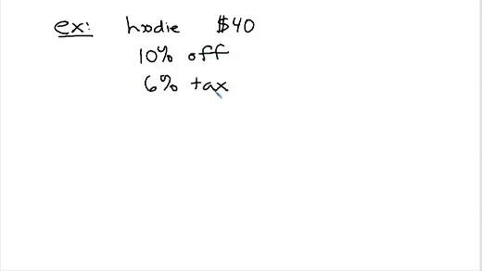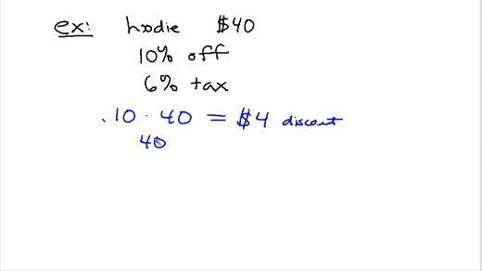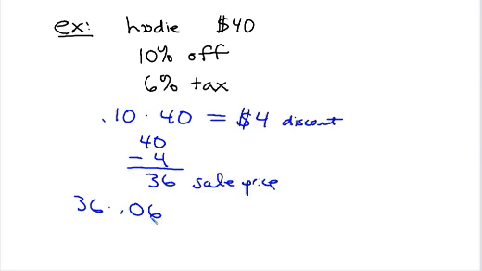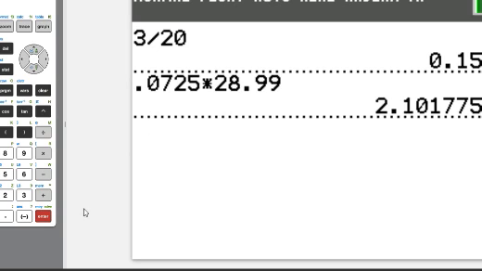You're going to have to do first 0.10 times 40, which we can do in our head. That's going to be $4. That's going to be a $4 discount. But then we have to subtract that from 40. We get 36. That's the sale price. You calculate the tax on the sale price, not the original. So now you need to do 36 times 0.06 on your calculator to get the tax.